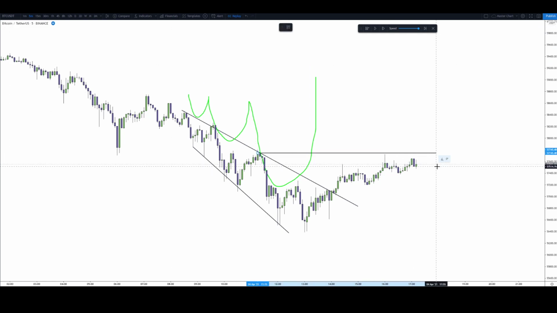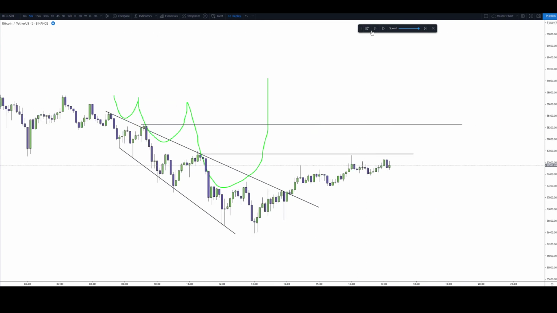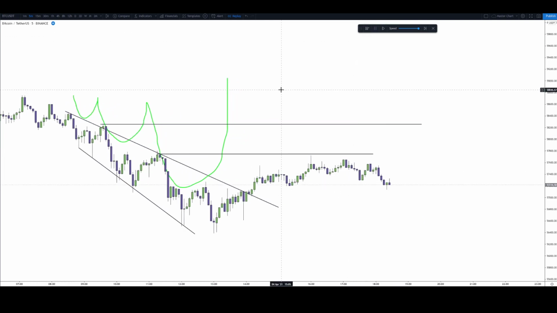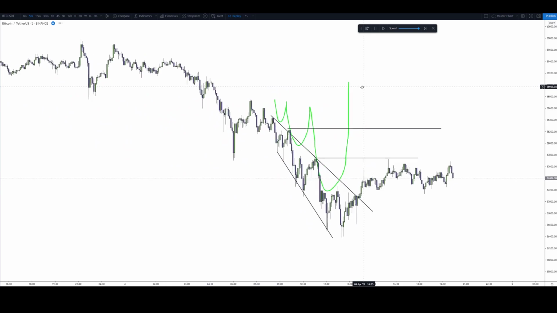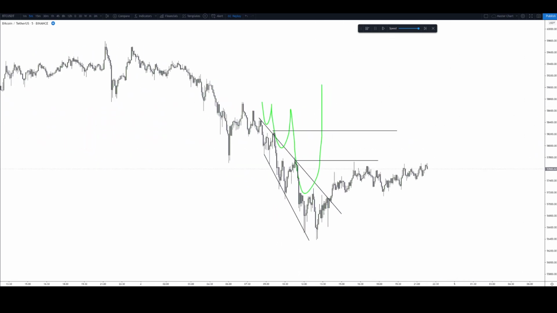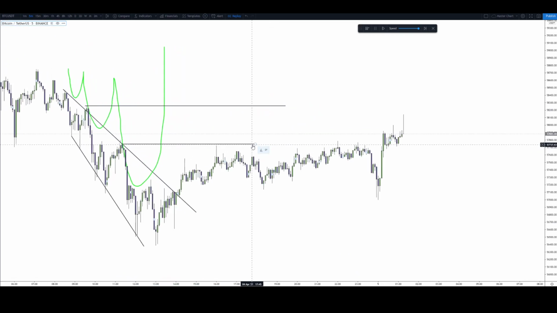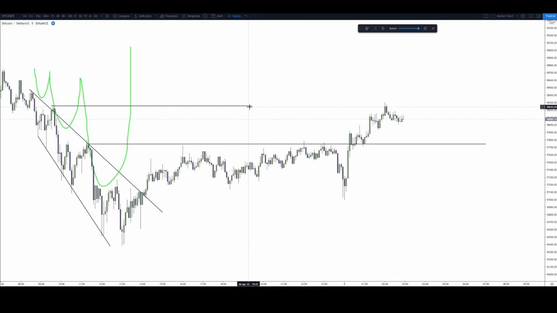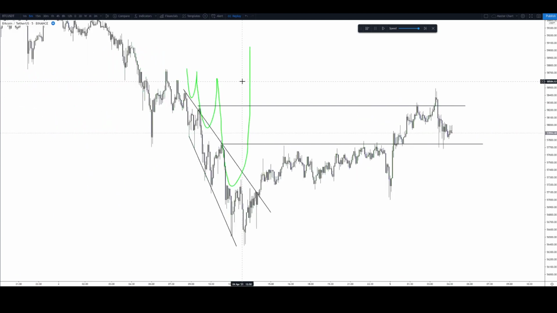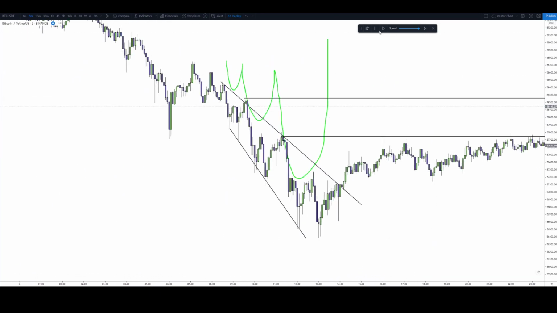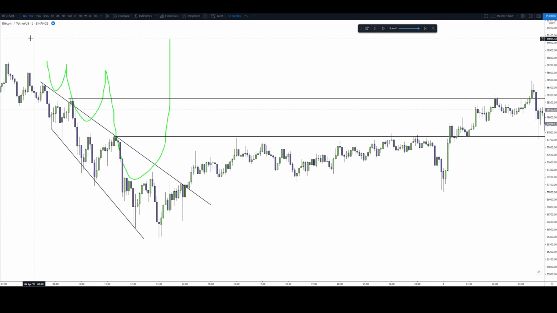Target 1, target 2. Alright. So it's cool. We get a broadening ascending wedge in this one. Target 1 is hit there, and then target 2 here. We might even have a target 3 there, so we'll just grab that target 3, down to the bottom of this one.